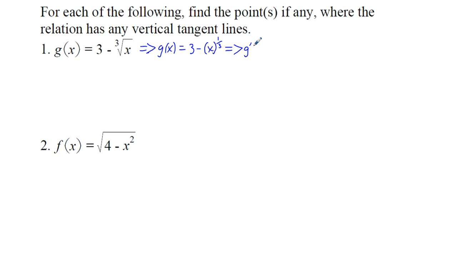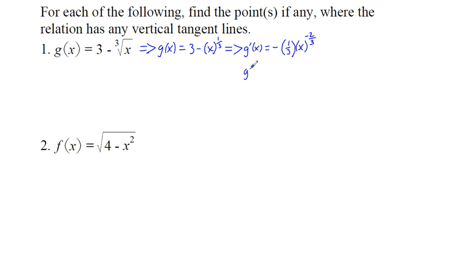Differentiating, g prime of x is equal to the derivative of 3, which is 0. So we're going to have negative, and then we bring this fraction 1/3 out front, and we're going to have x to the power of 1 minus 1/3, which is negative 2/3. And now I'm going to be working below here.